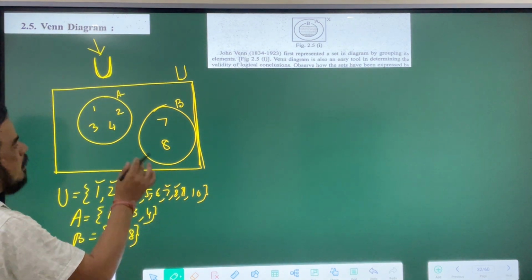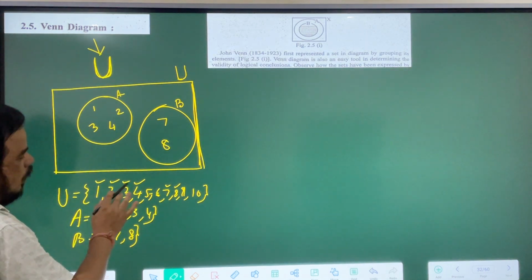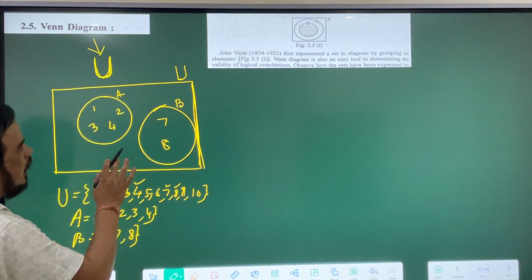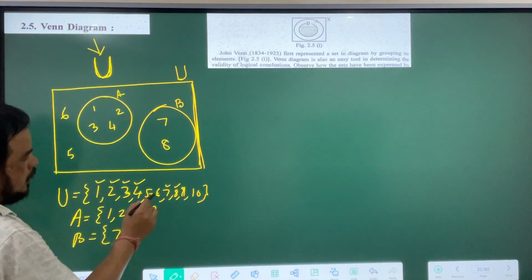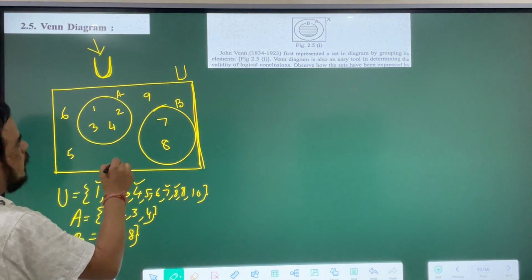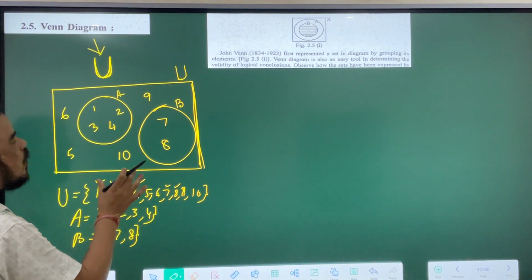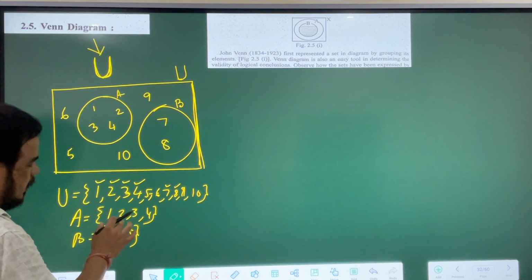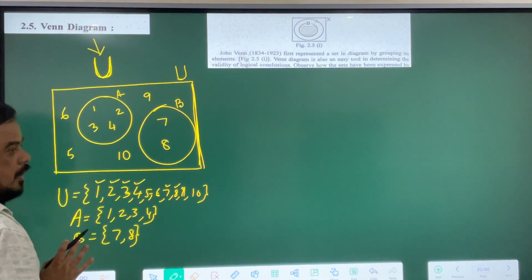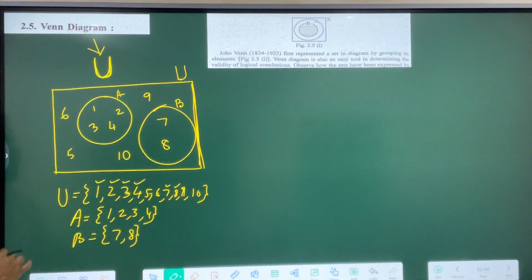These elements are already there inside the box. I hope you understand. Now the others are not written. So let us write 5, 6, 9, 10. We have not included 5, 6, 9 and 10 in the circles because they are not present either in A or in B. So we have written outside the circles but inside the box.